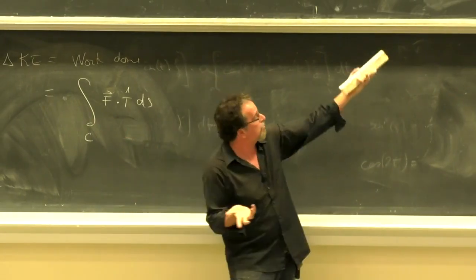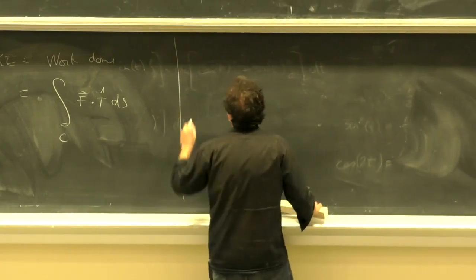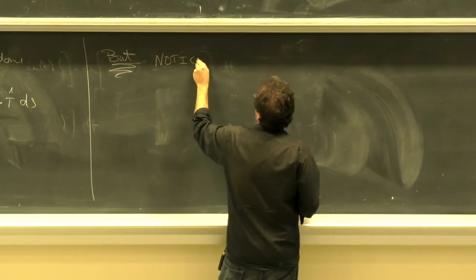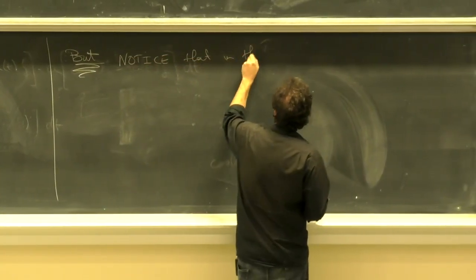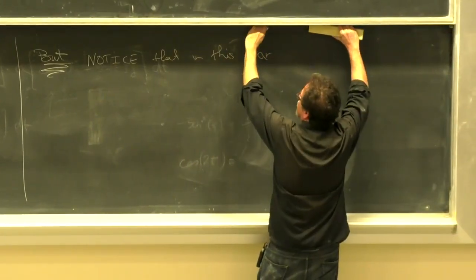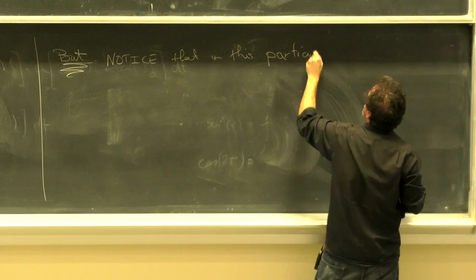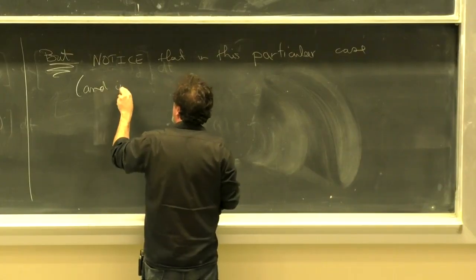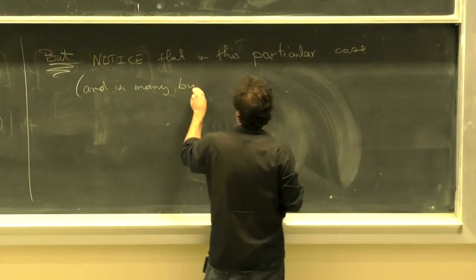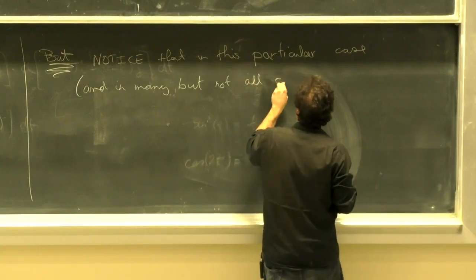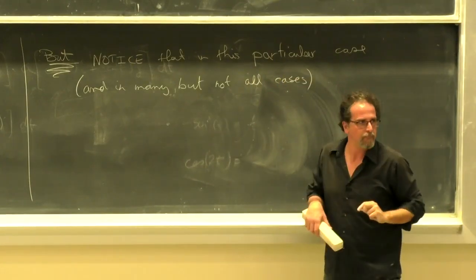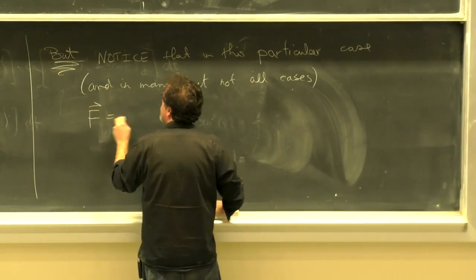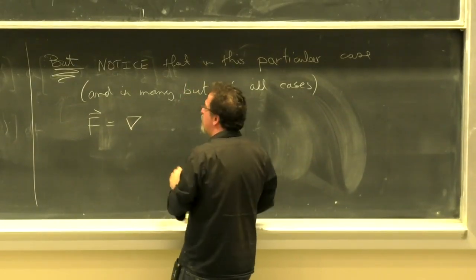But notice that in this particular case, and in many, but not all cases, F vector is equal to the gradient of some other function, little f.